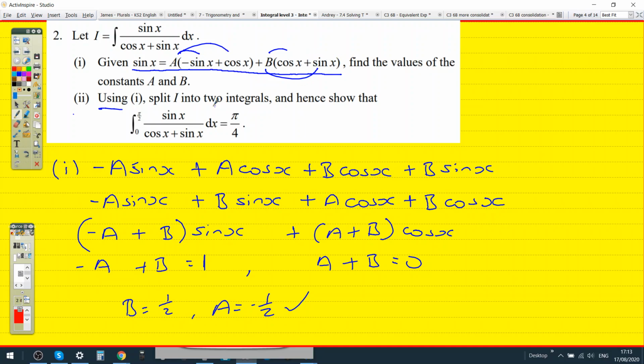And then they said split it into 2 integrals. So it's 2 separate fractions. First one and second one. Second one simplified down to a half. The first one, the numerator was the derivative of the denominator, and so it was the ln type. Any questions there?